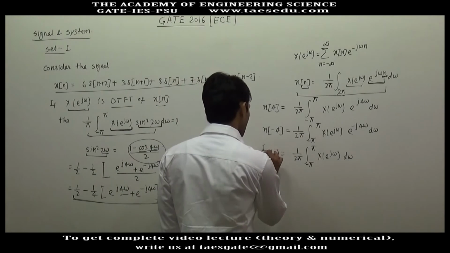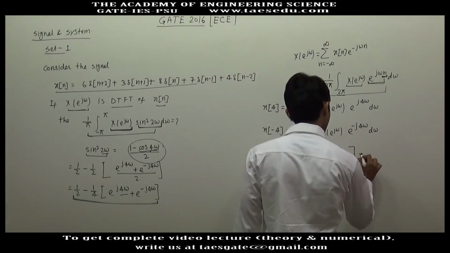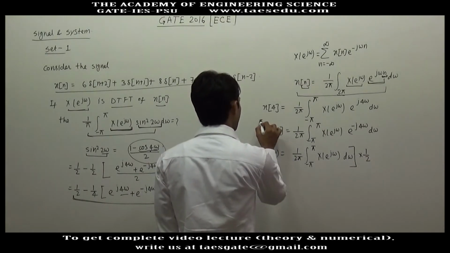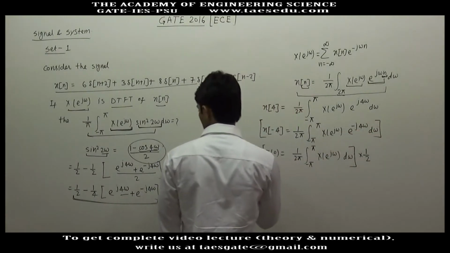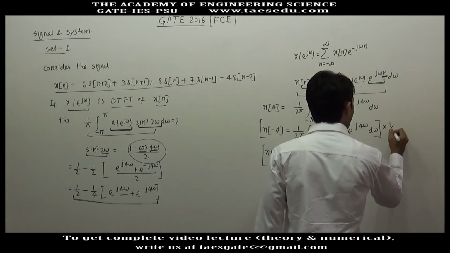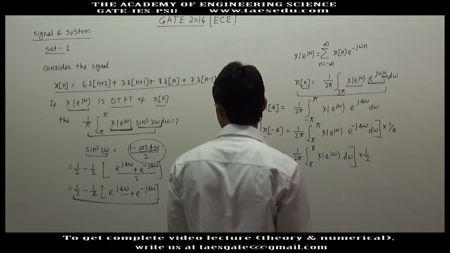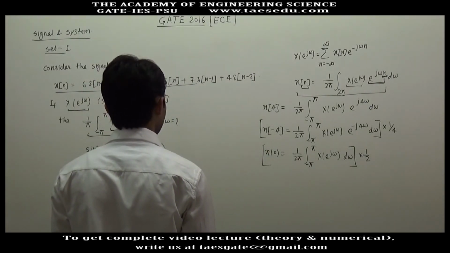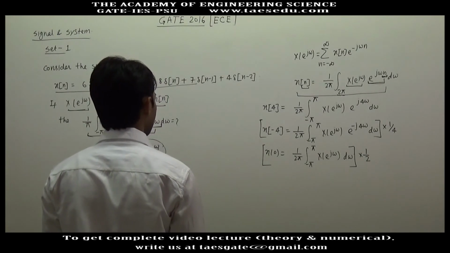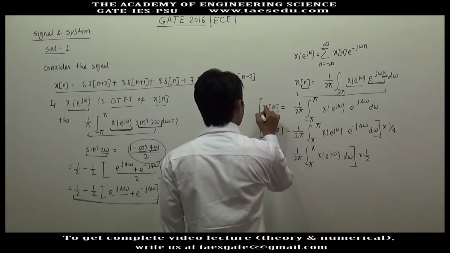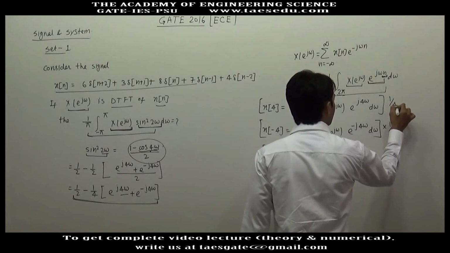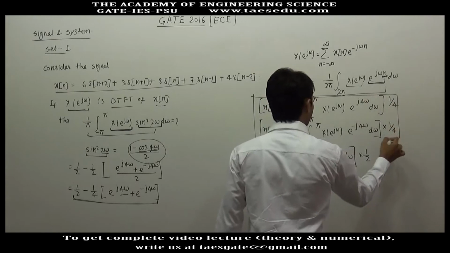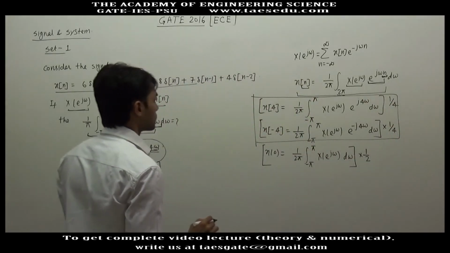So multiply this equation on both sides with 1 by 2, and in this equation multiply both sides with 1 by 4, and in this equation also multiply with 1 by 4. So first add these two equations. What will we get?